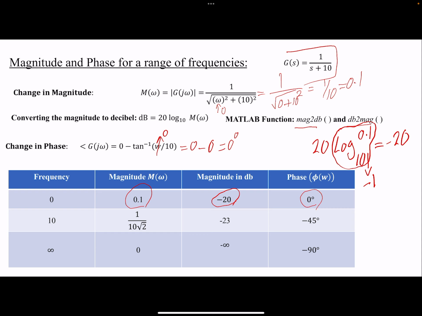Then I can plug in 10 for my frequency, and I can plug in infinity, and I get the range of values for magnitude and phase. And I can plot these magnitudes for a range of frequencies, saying how my magnitude will change over a range of frequencies, and then observe the behavior. I could do that for a range of frequencies for the phase as well.